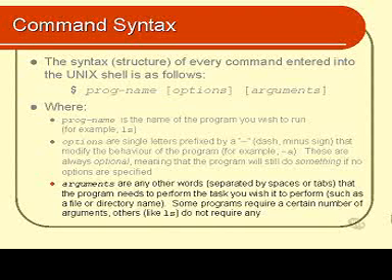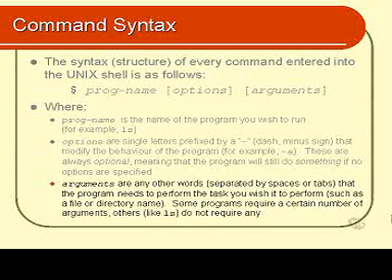The 2001 was an argument, whereas the word cal was the program name. And when we used, for example, uname, we tried it with the -a option. The -a was an option, it wasn't an argument. Some programs require that you provide arguments, and some do not. Cal, for example, does not require any arguments, but it will accept some if you give them to it.